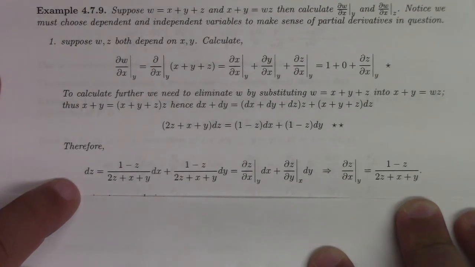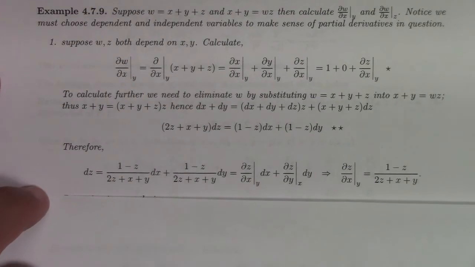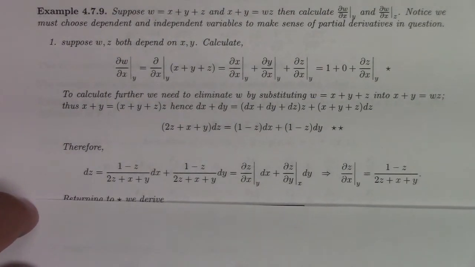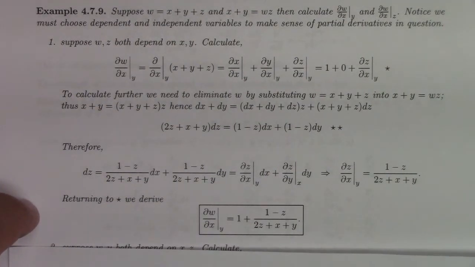I could have done star star without doing star, I think. Anyway, let me not belabor this point. I don't want to take up too much of your time. The bottom line is I calculate partial z partial x holding y fixed as 1 minus z over 2z plus x plus y. And returning to star.